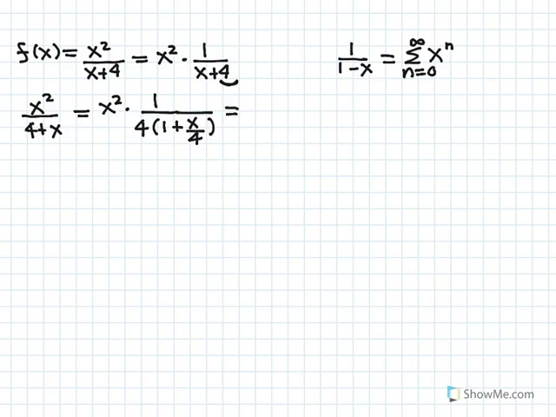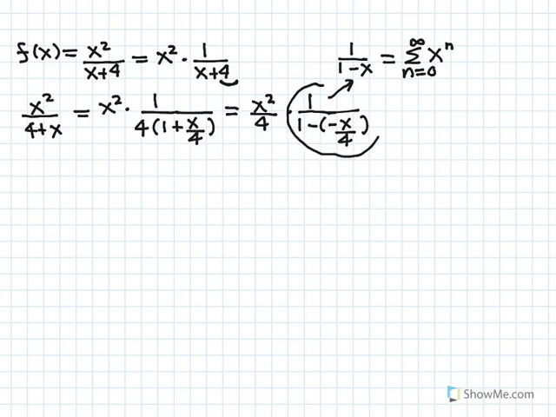And we can rewrite this as x squared over 4 times 1 over 1 plus x over 4, but we will rewrite it as 1 minus x over 4. And of course, the reason is to fit this pattern of a geometric sum. Now we have 1 over 1 minus the common ratio.